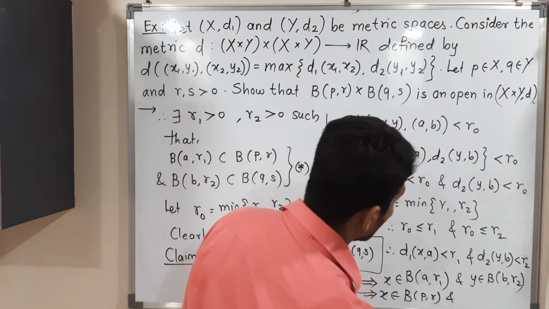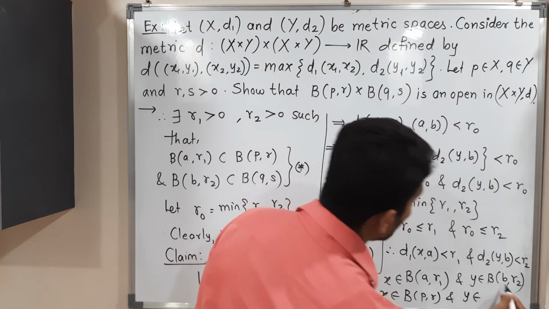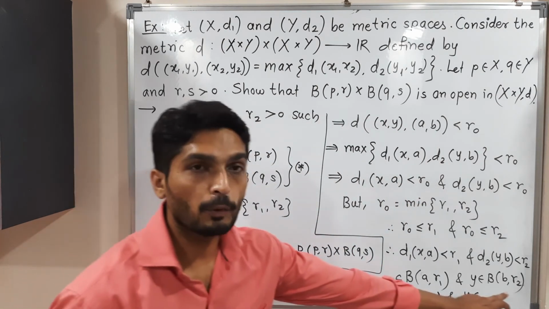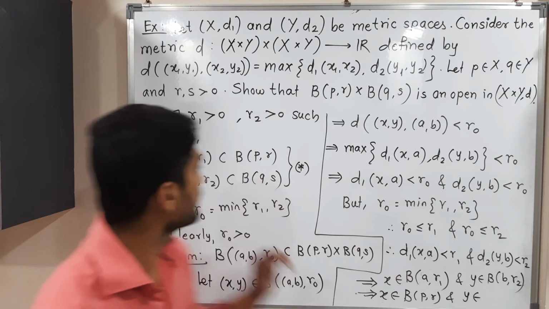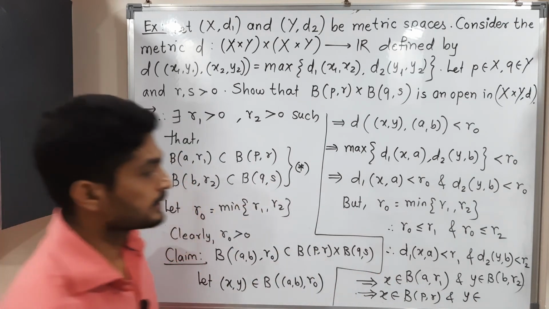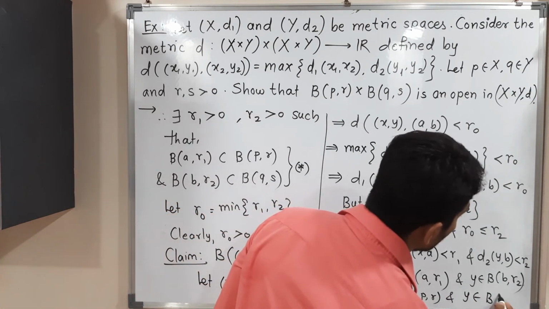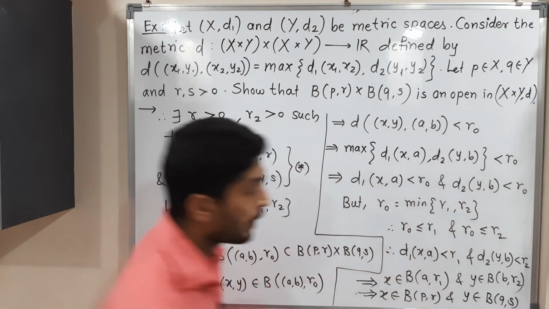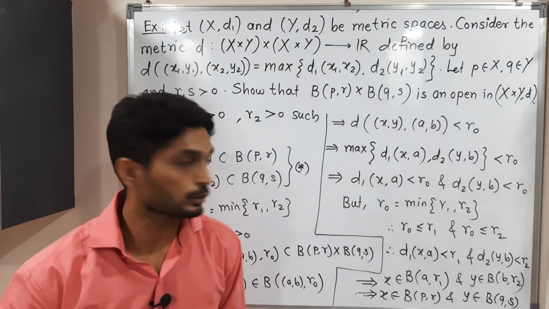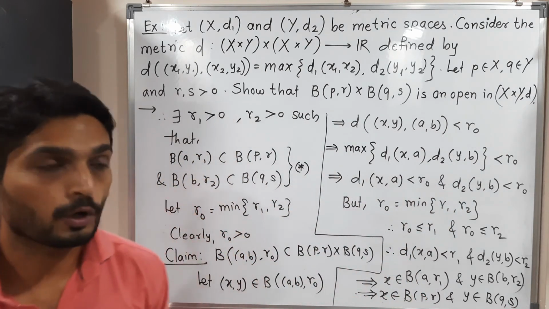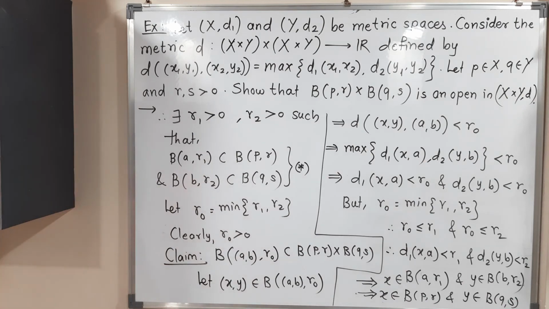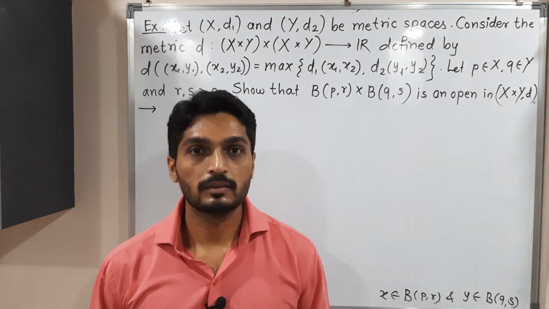And y belongs to the open ball with center b and radius R2, but it is a subset of B(q, s), so y belongs to B(q, s). So now (x, y) belongs to the product of these two balls. Make a screenshot of it. After that we will go further.